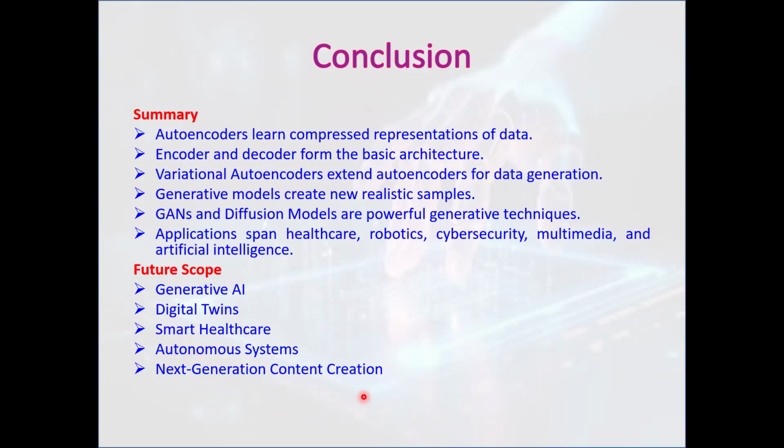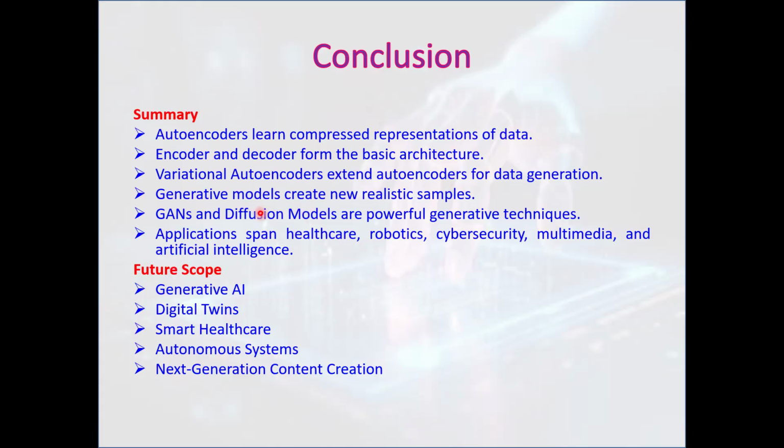Coming to the conclusion, autoencoders learn compressed representations of data. Autoencoders efficiently compress data into compact latent representations while preserving important information for reconstruction. The encoder extracts and compresses the features while the decoder reconstructs the original data, forming the foundation of autoencoder systems. Next, variational autoencoders. VAEs introduce a probabilistic learning mechanism that enables generation of new synthetic data samples.